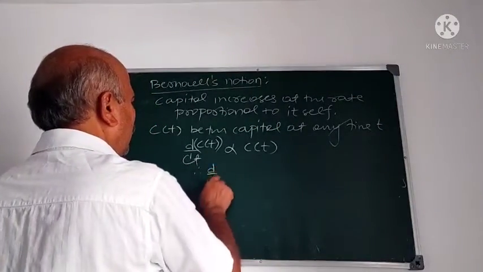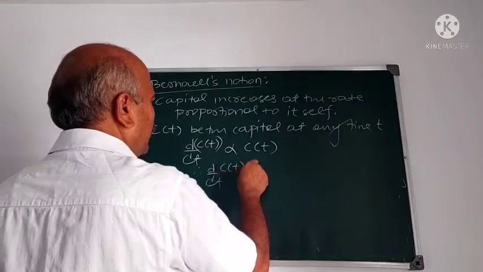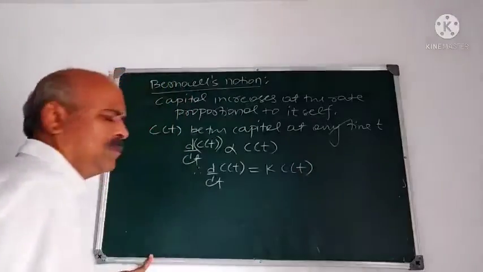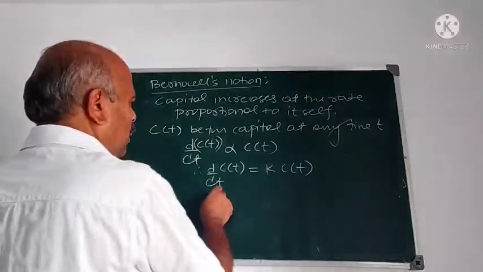Therefore, d by dt of C(t) is equal to k into C(t).